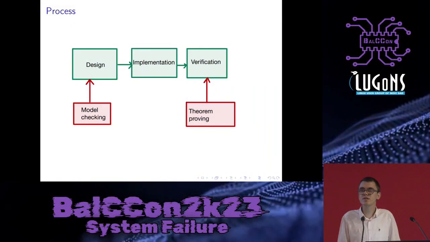But once we specify something in a formal language, we can run a model checker and actually check whether the statements we want to state about certain properties of the system are true or not, given our specification.